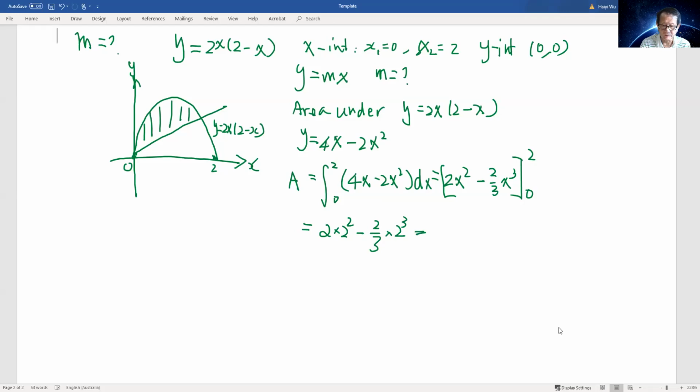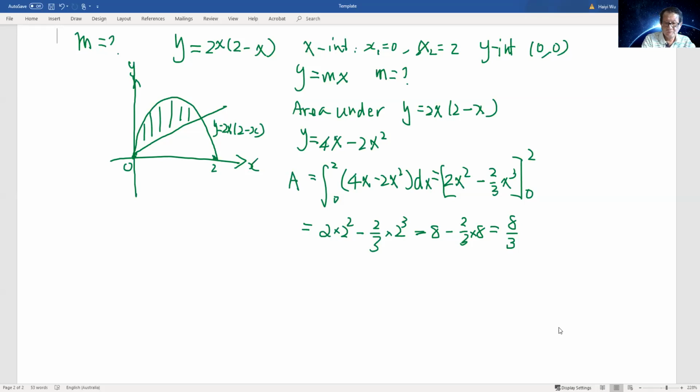So we ignore the zeros. This becomes 8 minus 16 over 3, so the answer will be 8 divided by 3.